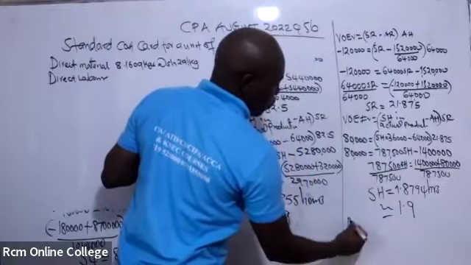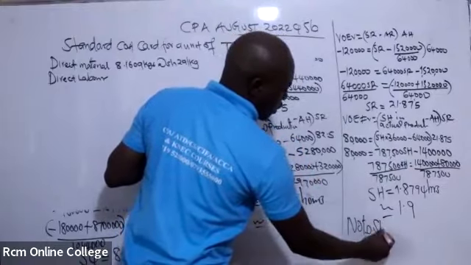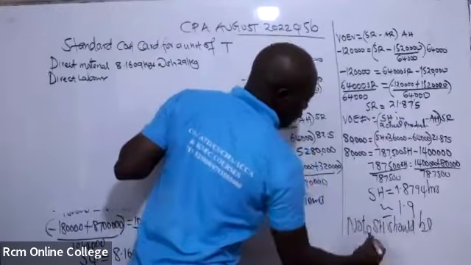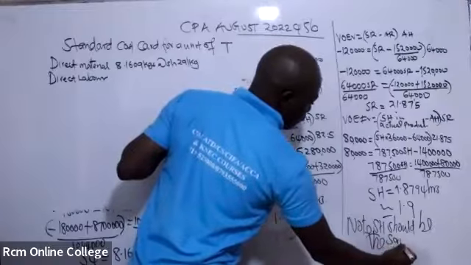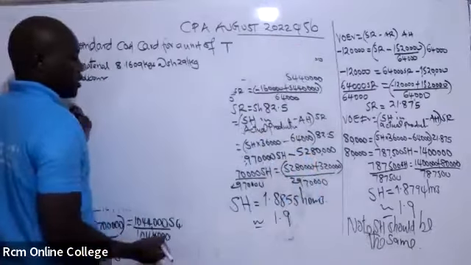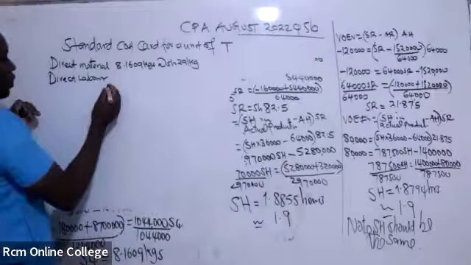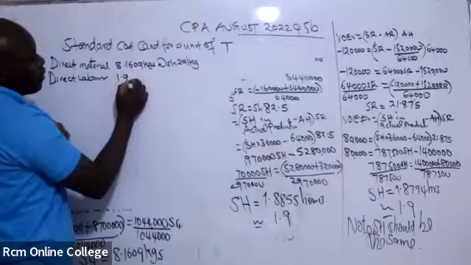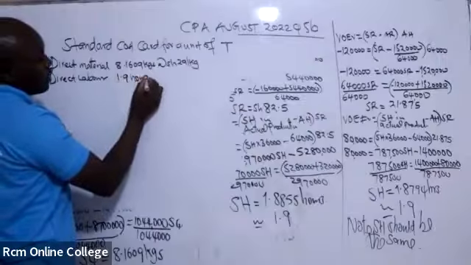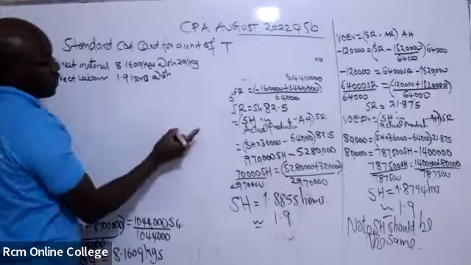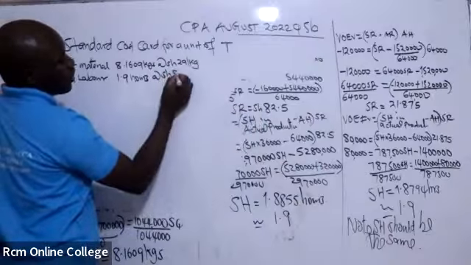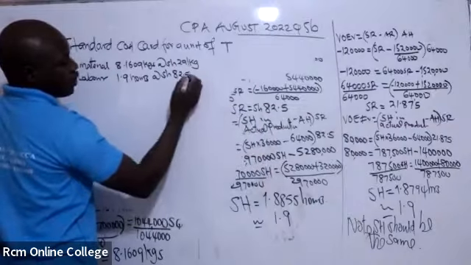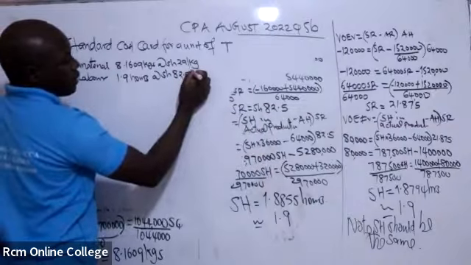Note standard hours should be the same. So we are going to use the rounded off figure that is 1.9 hours. 1.9 hours are needed at shillings. The standard rate is 82.5. That is for labor. Standard 82.5 per hour.